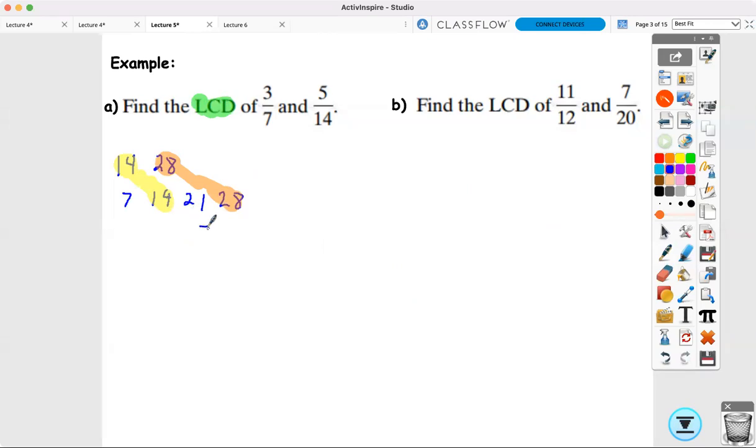We want the least, right? So the LCD is 14. And we're done. All it wanted us was to find the LCD.